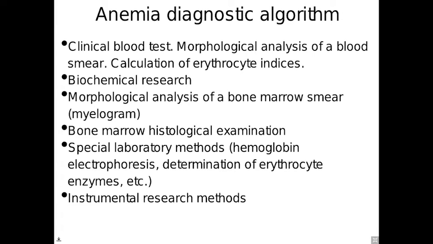There are also some special laboratory methods like hemoglobin electrophoresis, determination of the erythrocyte enzymes, but usually they are used for rare diseases and usually not included into the basic volume of medical research. And finally, instrumental research methods.